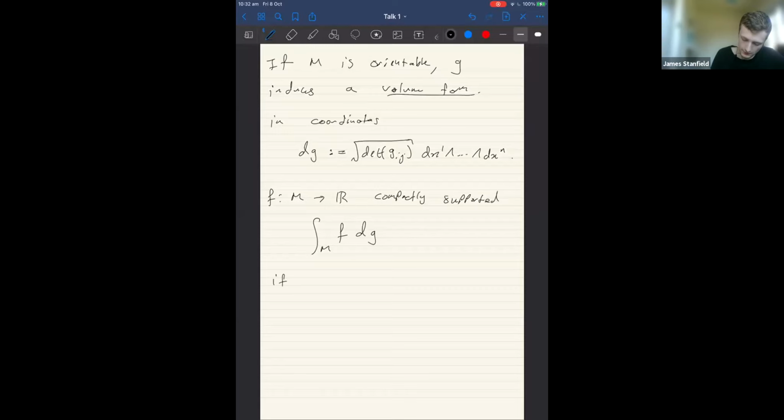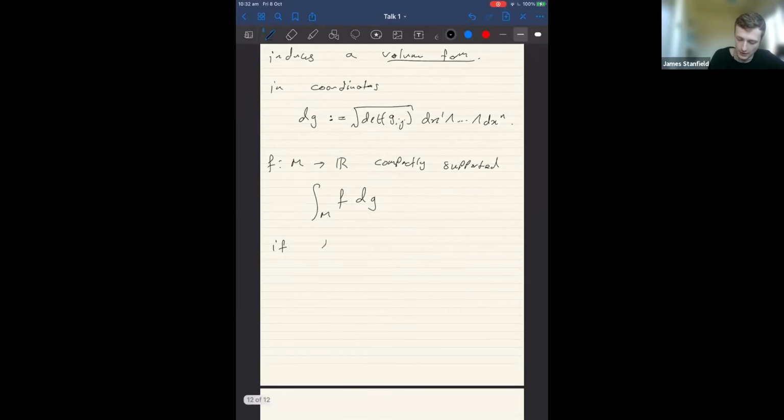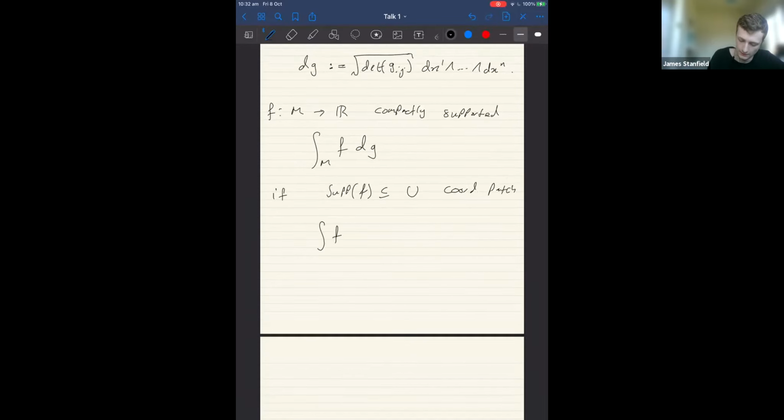So how do we compute this integral, right? Well, if the support of f is just contained in some coordinate patch, then the integral of f is just given by the integral over Rn of the square root of the determinant of Gij times f dx1 through dxn.